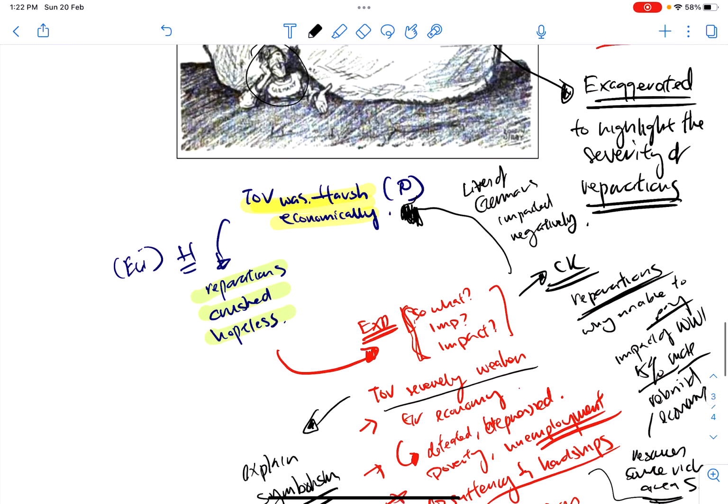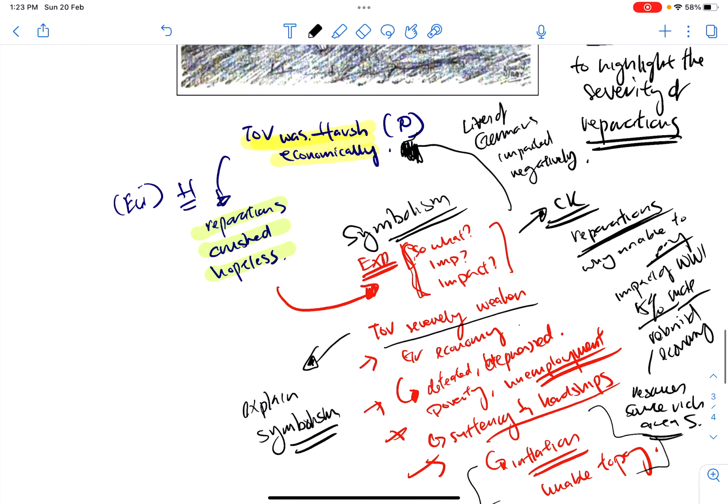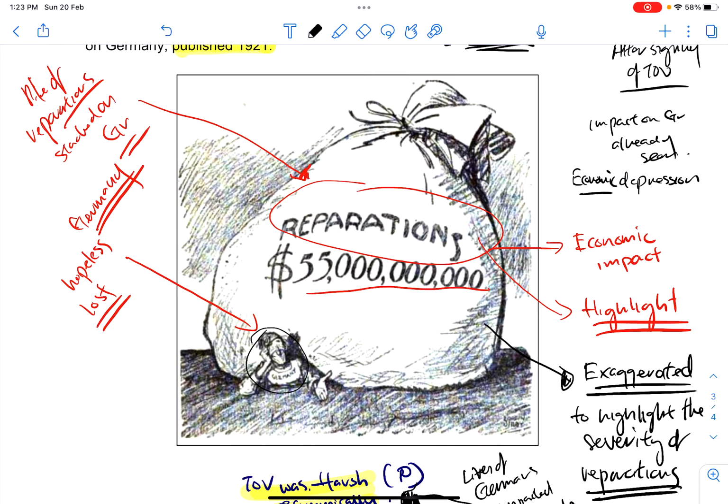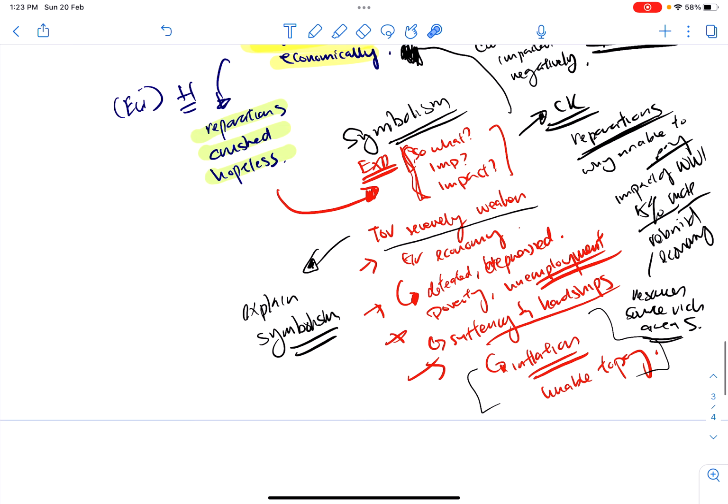So when you explain, again, symbolism. Explain all the symbolism, bring it to reality. Don't be stuck in the scenario of the picture, but bring it to reality. And once you're done with that, then you can think about the CK. What context knowledge is relevant and directly implies well to this cartoon?